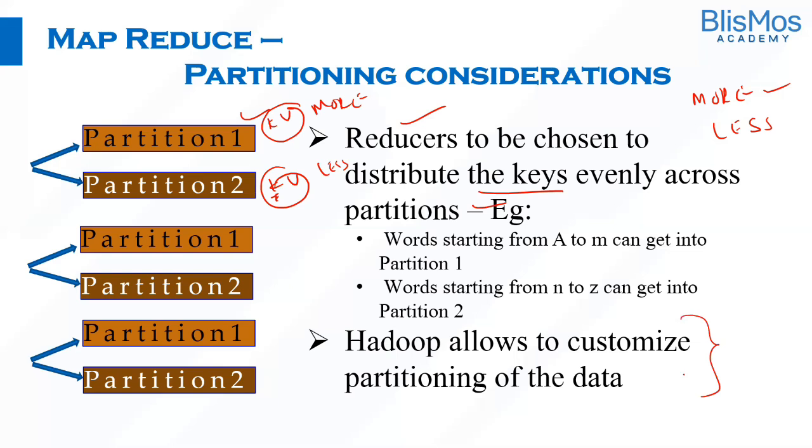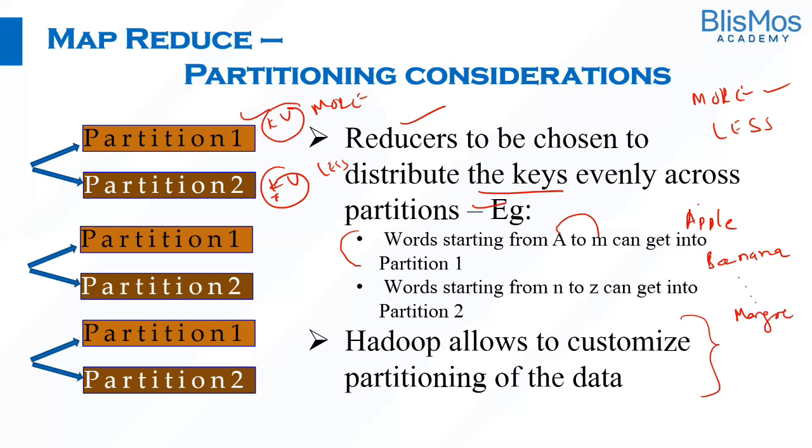In this example, when we want to count the number of words, we can say partition 1 would have all the words starting from A to M. That means apple, banana, up to mango. I'm just taking an example.